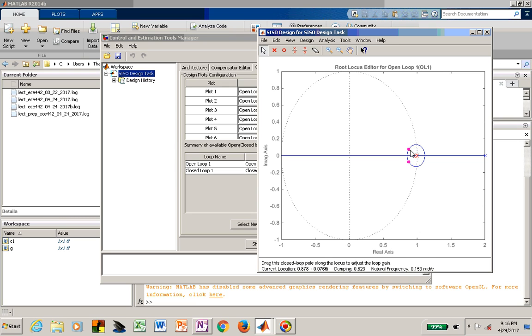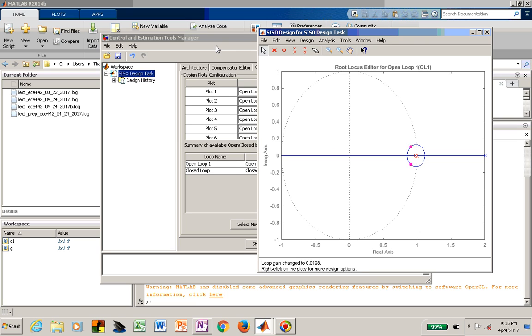rotate those magenta squares, which are representative of the closed loop poles, and put those at 0.9 plus and minus j0.1, we have a gain value of 0.0198 to get us to that location for the appropriate values that we had for G and C sub 1.